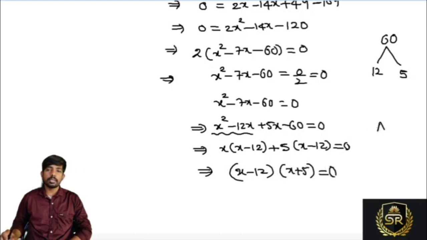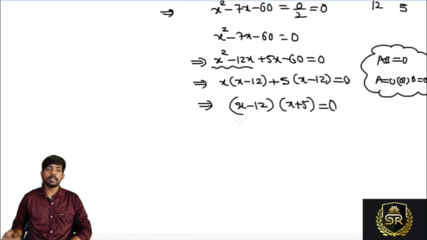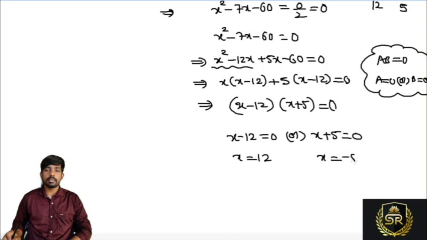A into B equals 0 means either A is 0 or B is 0. Here also, two factors multiply to 0, so either one factor is 0 or the other factor is 0. Bring the 12 to the right-hand side, it becomes plus 12, and x equals minus 5.